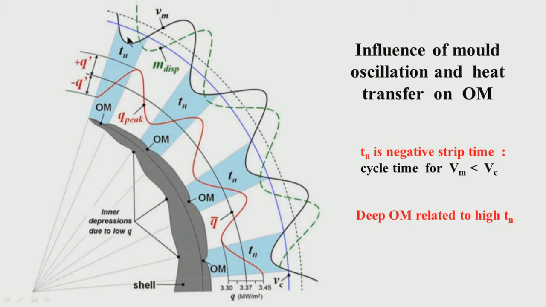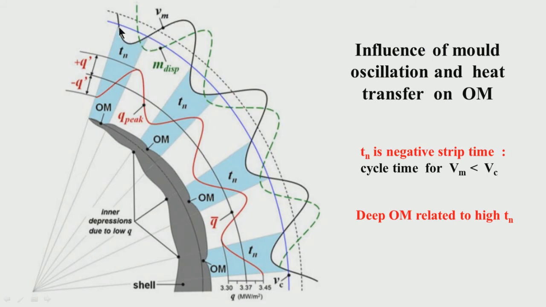So, the blue line is always down, if this is the zero line, but the mold velocity is sinusoidal. That means at a certain portion of the cycle of its movement, it is going up and then it is going down.